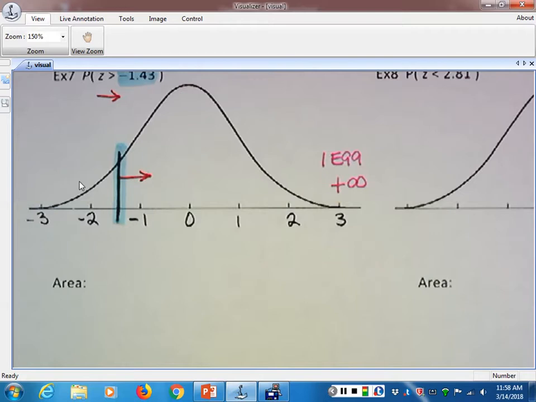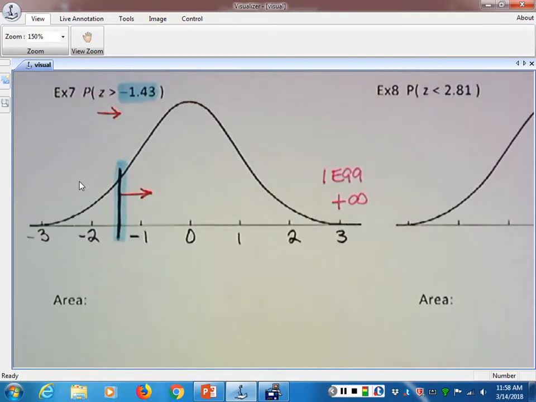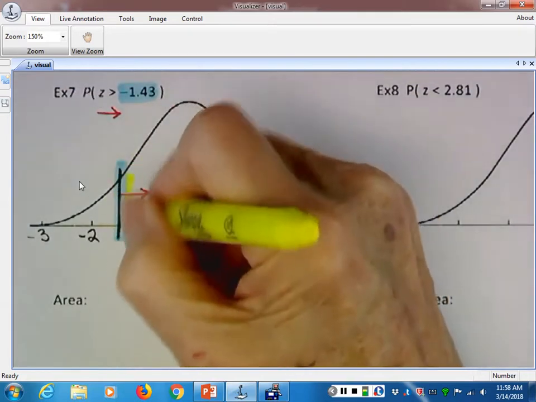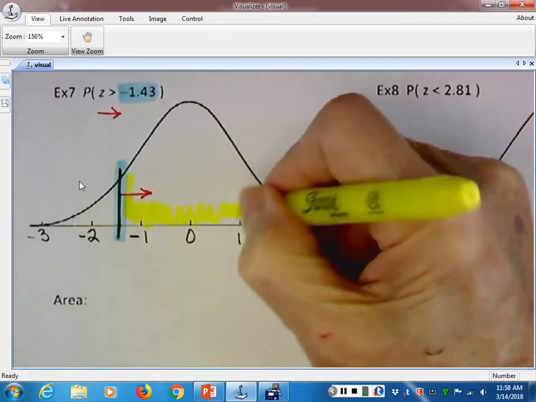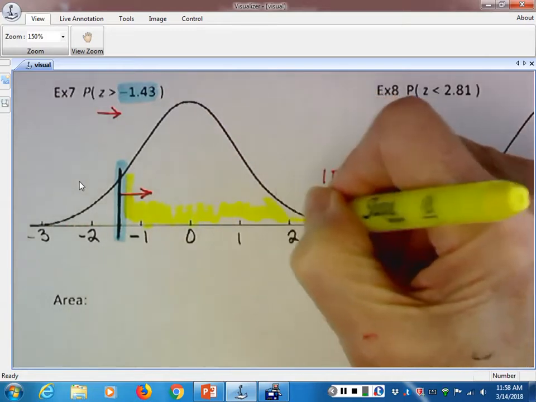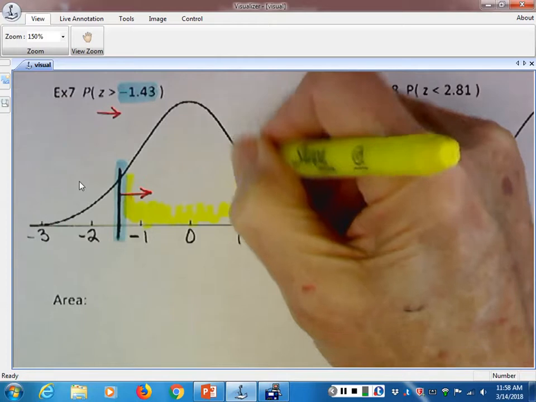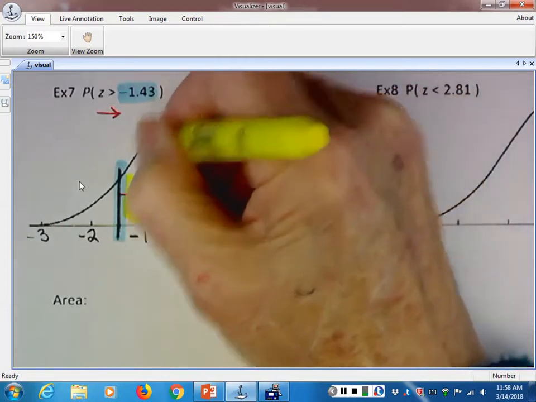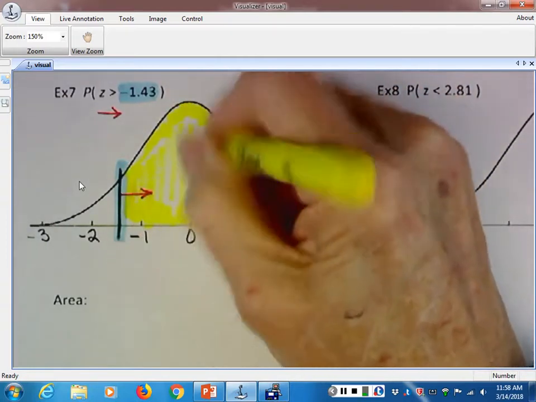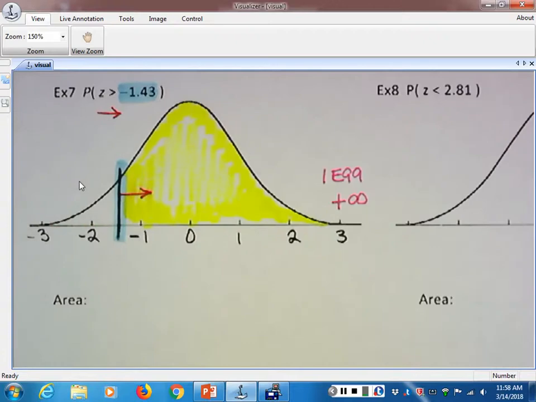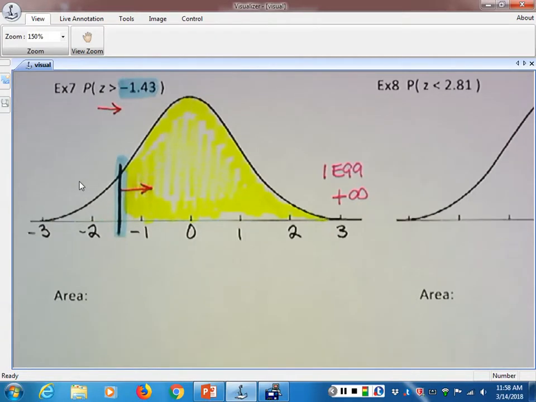The area that we're calculating is this area here. That's a fairly large area, so the probability you get when you use your normal CDF should be relatively large, which means it's closer to 1 than it is to 0 or 0.5.